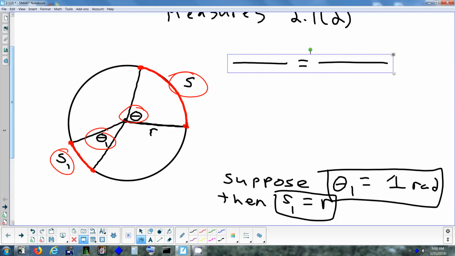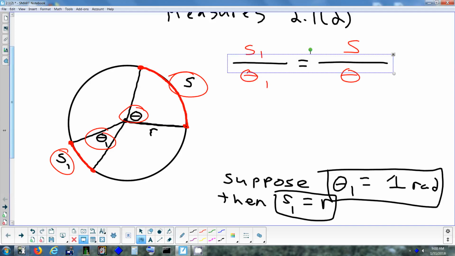We could set up this arc compared to that angle equals this arc compared to that angle. That's what it means to set up a proportion. You have to set it up the same way on the left and on the right. Arc to angle, arc to angle. And there's many other ways you can set it up, but that's one way to do it.